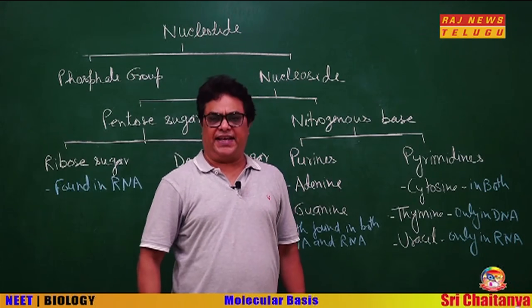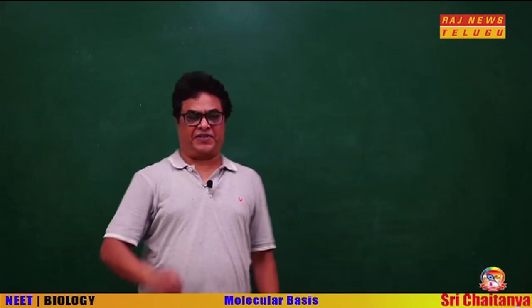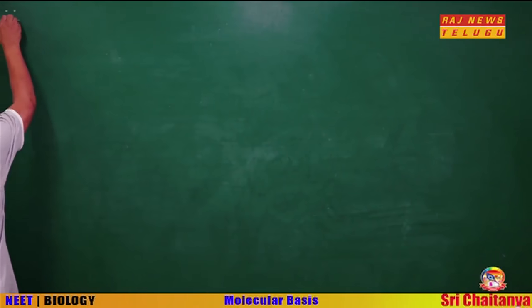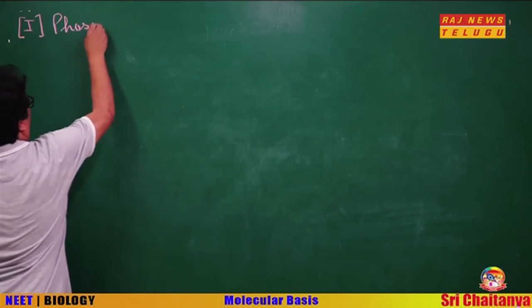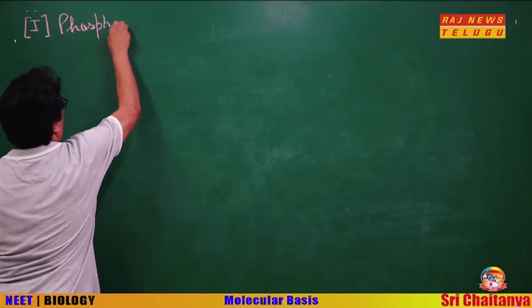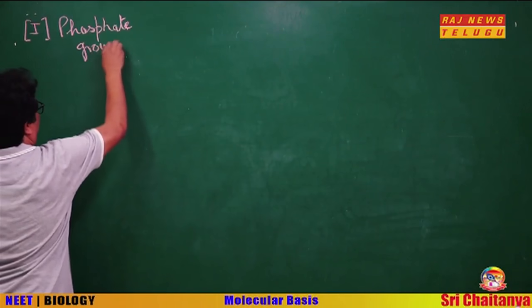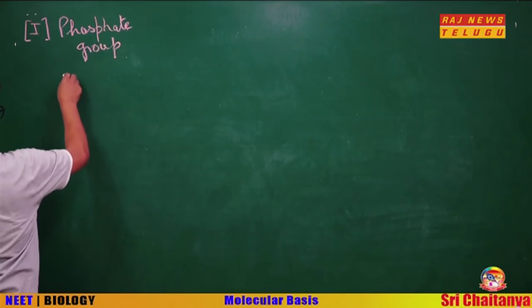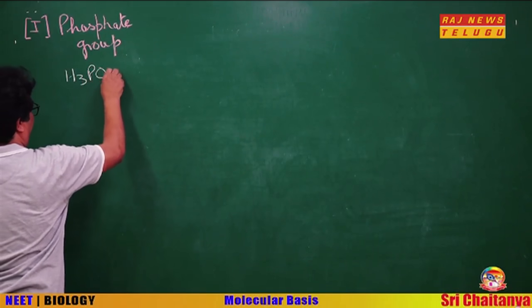Now we will see each constituent of the nucleotide one by one. First, phosphate group. It is H3PO4.